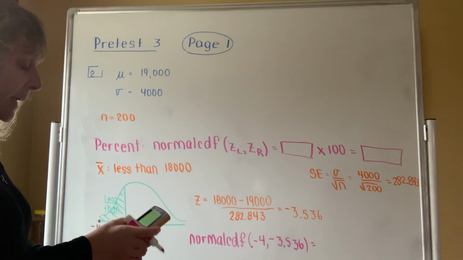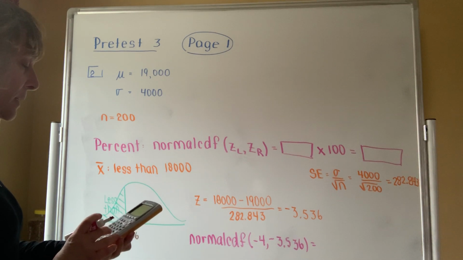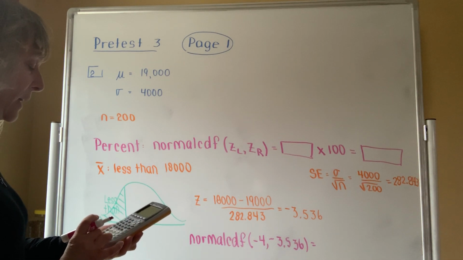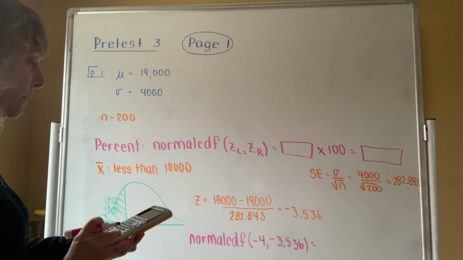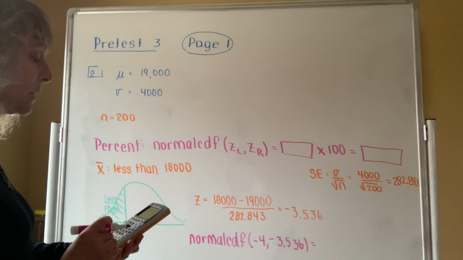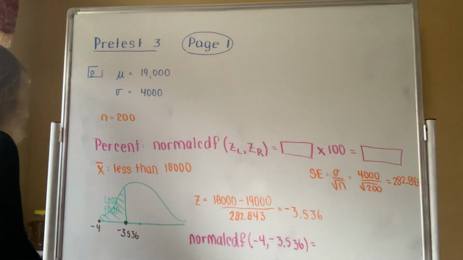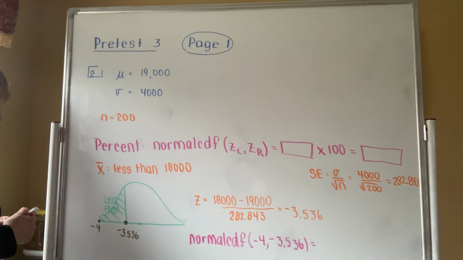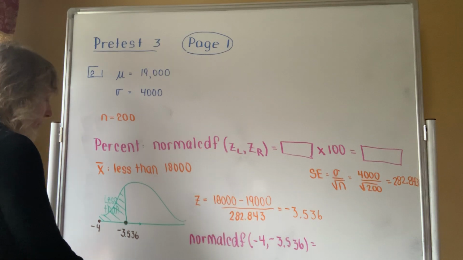So second vars, and this is number 2, negative 4, comma, negative 3.536, close the parentheses. Now, the unfortunate thing is that answer has an E in it.